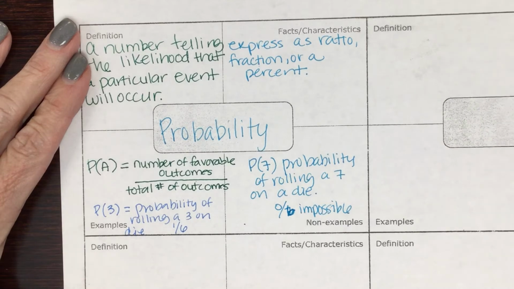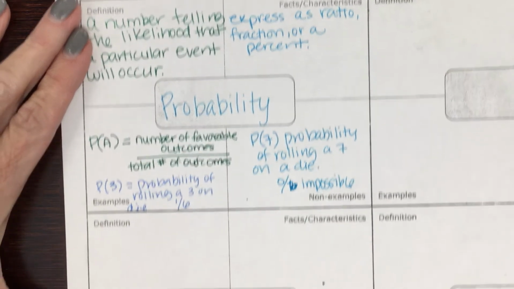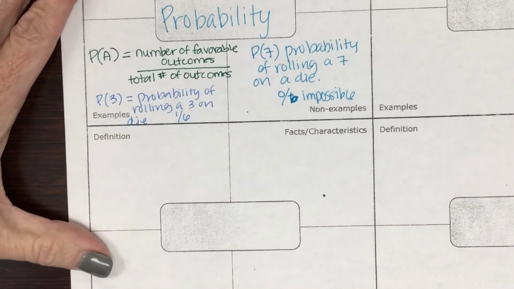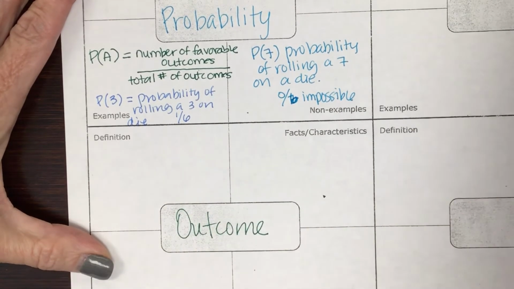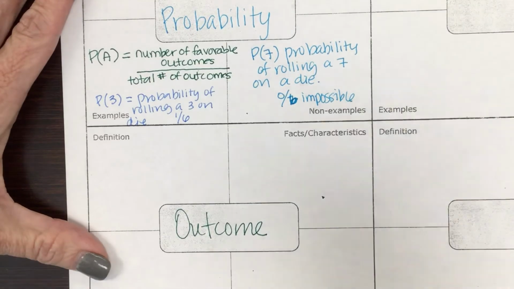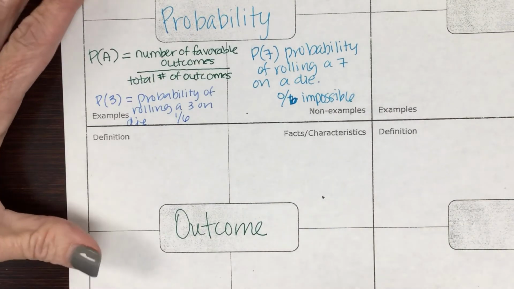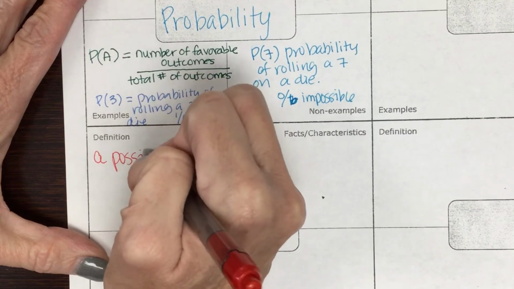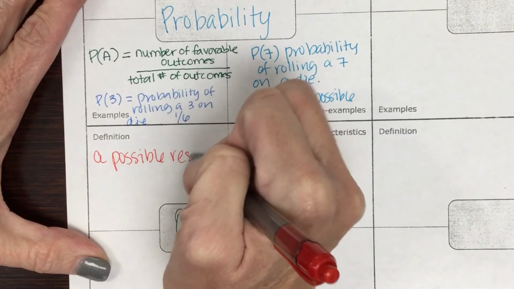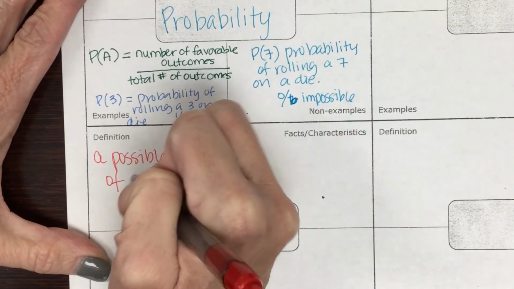All right, one more vocabulary word for this time is outcome. Outcome is a possible result of an event.